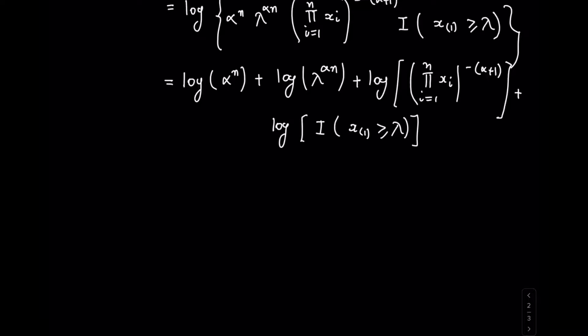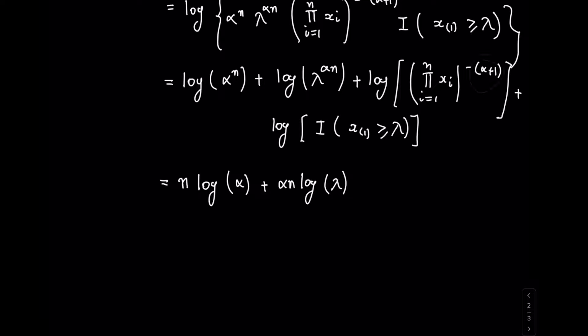Again, we're going to do some slight simplification here, and we're going to notice that we can use a power law, or a log of something to a power. You can bring the power down the front, so that can be simply written as n log alpha. Similarly, we can do something here with the lambda to the power of alpha n. That becomes plus alpha n log lambda.